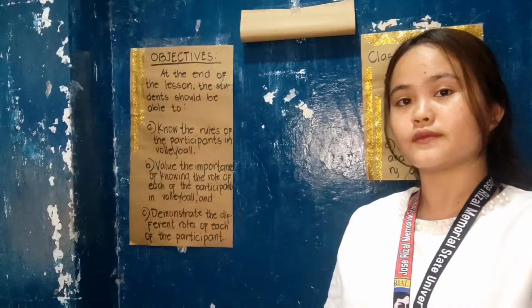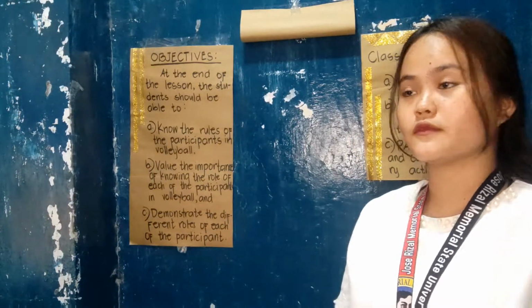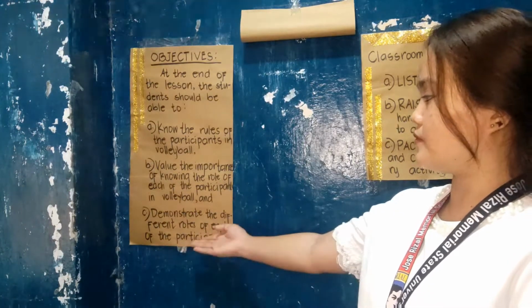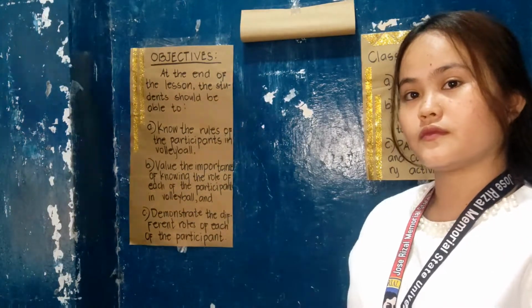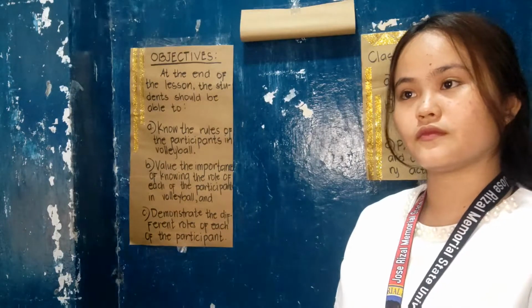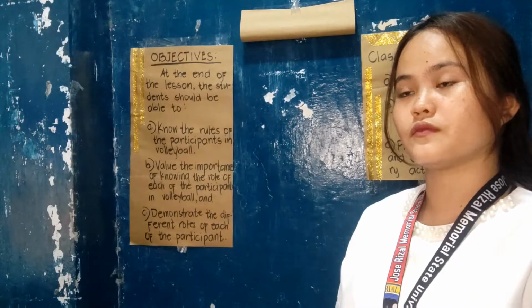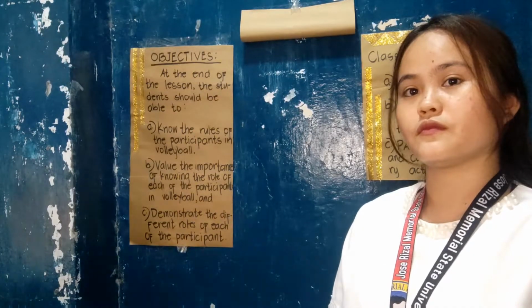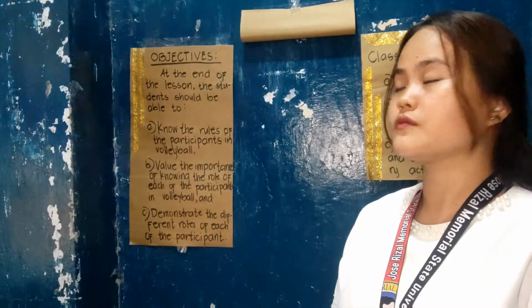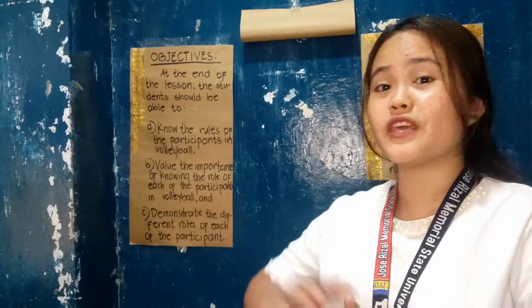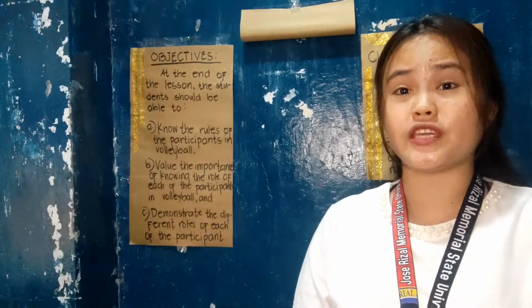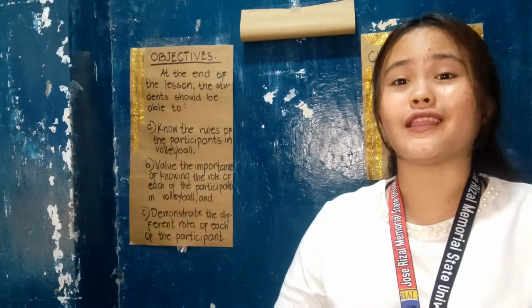At the end of the lesson, the students should be able to: A. Know the roles of the participants in volleyball. B. Value the importance of knowing the role of each of the participants in volleyball and demonstrate the different roles of each of the participants in volleyball. Okay, so these are the objectives that we are going to achieve right after our lesson.